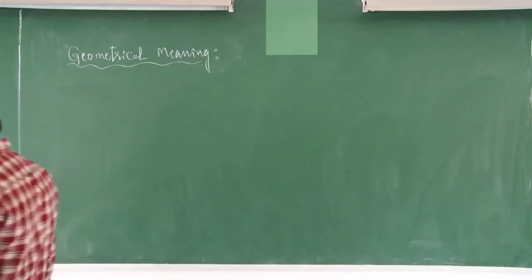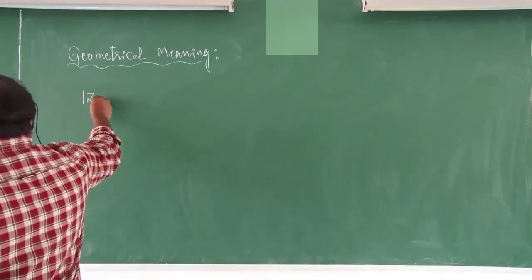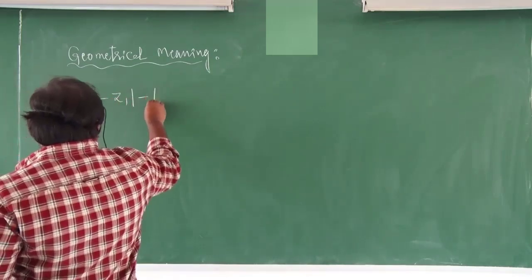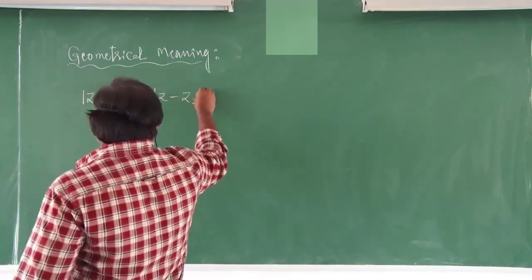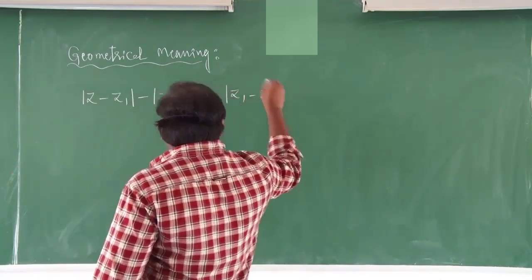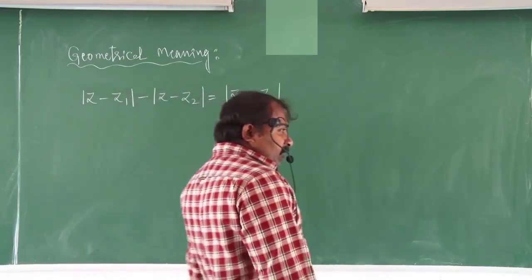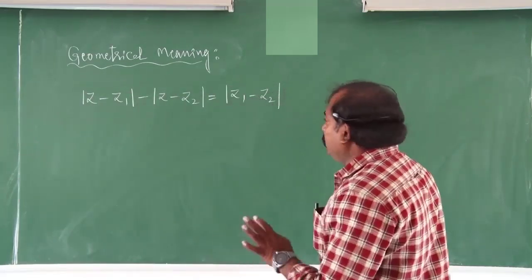for example, if the condition is modulus of Z minus Z1 minus modulus of Z minus Z2 is equal to modulus of Z1 minus Z2. If they are given like this, then what is the locus of Z?